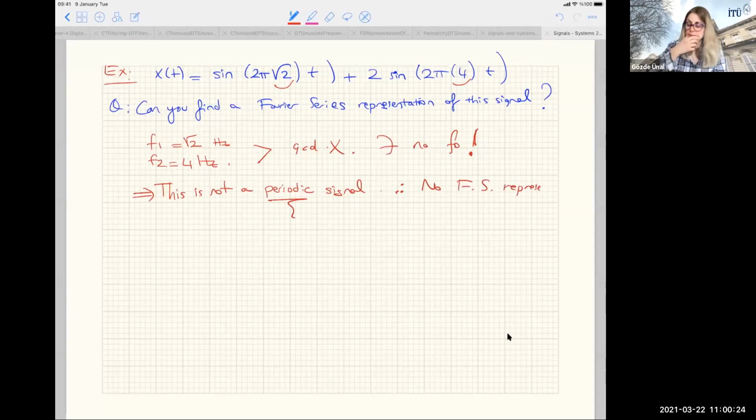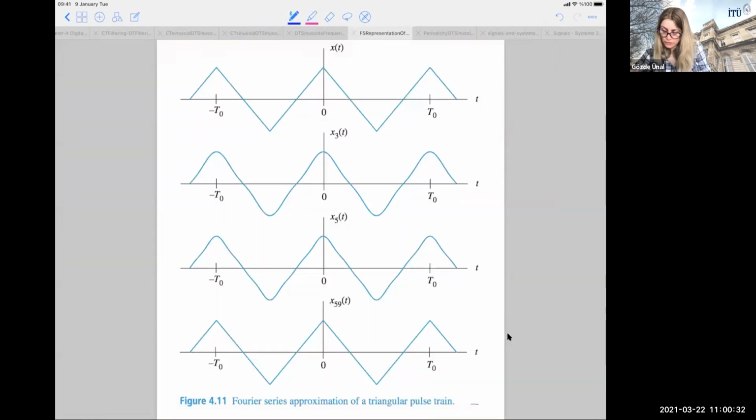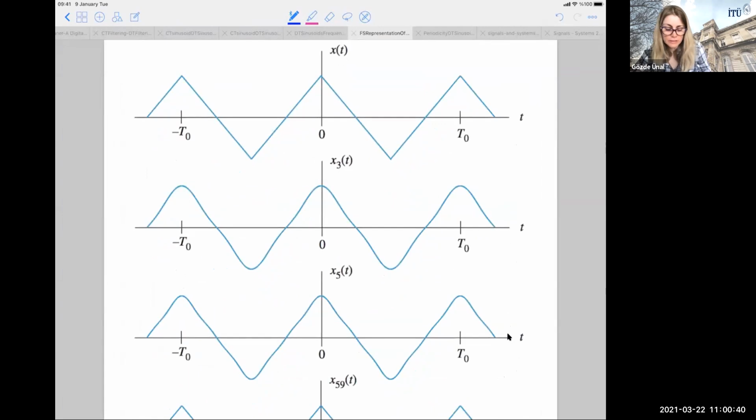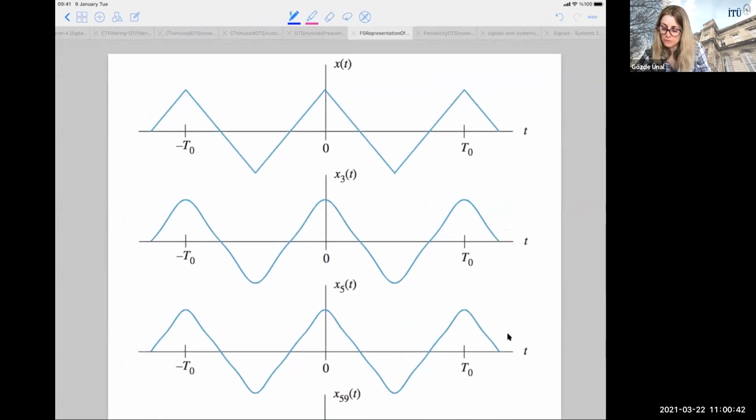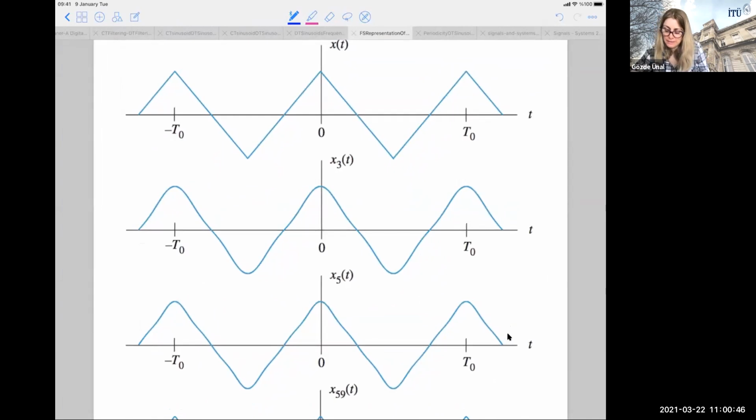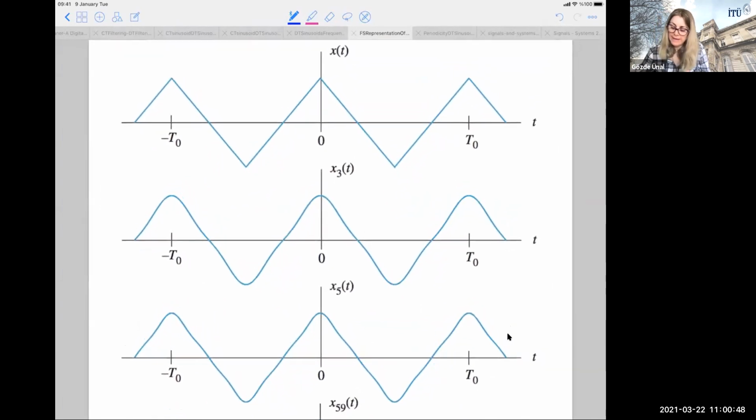Maybe I can show, is it here? Yeah, for instance, this was the Fourier series representation of the triangular wave. First look at X3. I should open a non-harmonic version here, but anyways. Remember the X sub n? This is when n is 3.